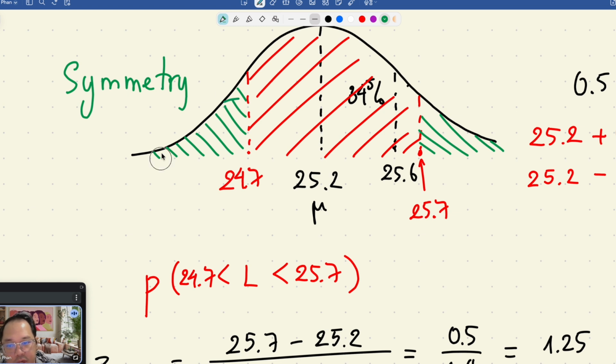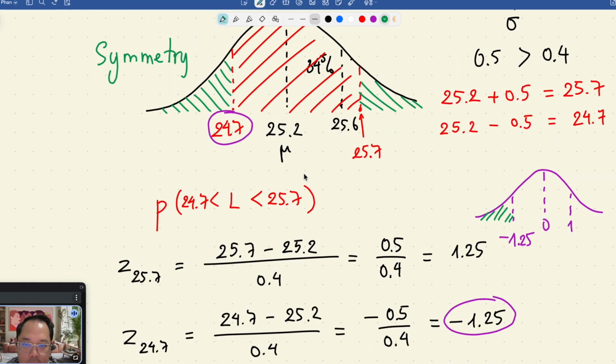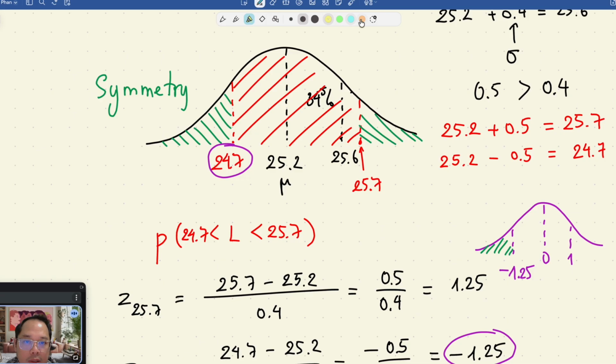So this green region has the same area as this green region on the right. Okay, let me use the pen. I can calculate the whole area here using the MF19 formula sheet, using the upper z-score, which is this one.